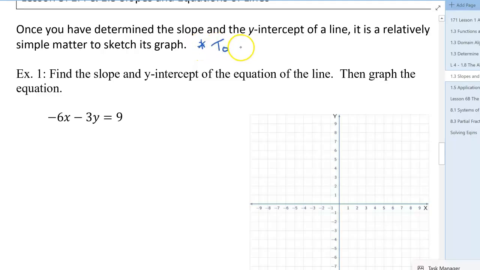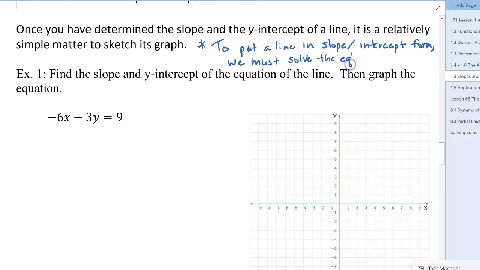To put a line in slope-intercept form, we must solve the equation, and I'm going to abbreviate equation as EQ'N, for y.